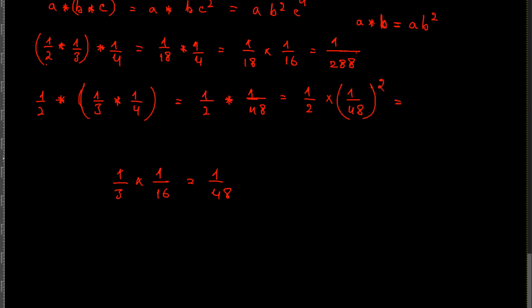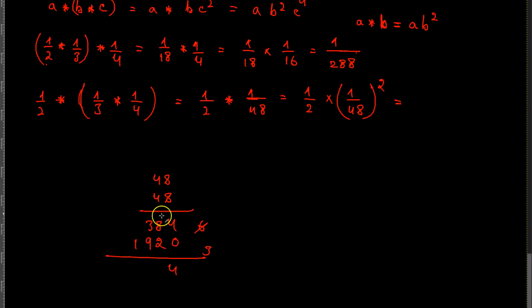And what that is basically, 48 squared is equal to 48 times 48, which is 2304.